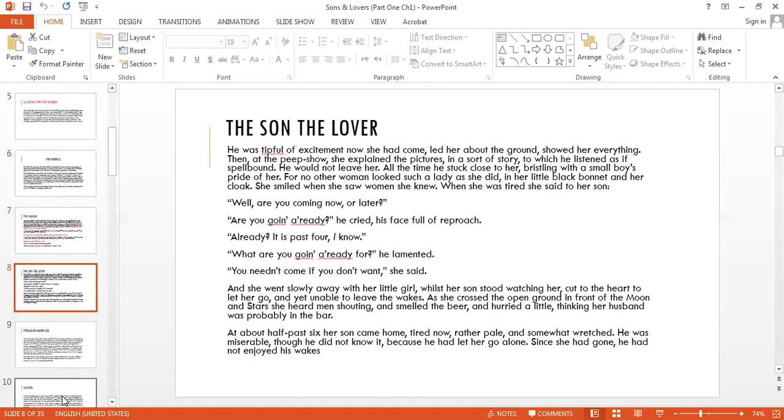He was full of excitement now she had come, led her about the garden, the ground, showed her everything. Here he's showing you he would not leave her all the time.